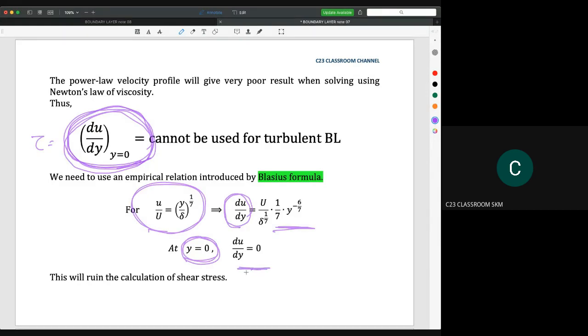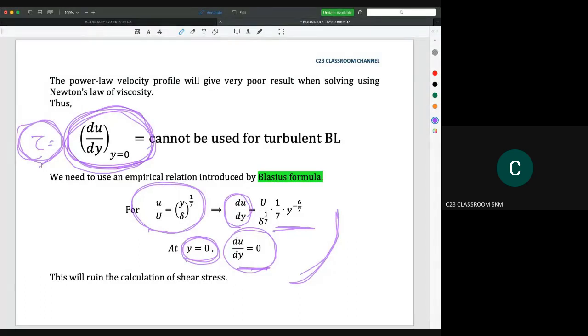This means your calculation is correct. There is nothing wrong with your derivation or your differential calculation. Yes, you are correct, but when you say du/dy is equal to 0, it means the value of shear stress here is equal to 0. So it contradicts the idea of the formation of the boundary layer.